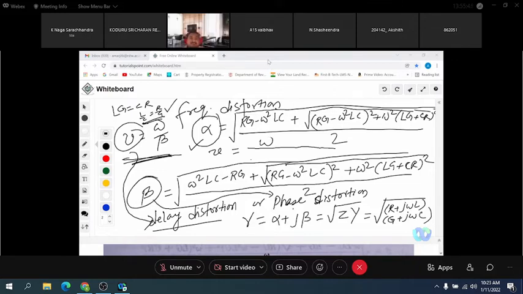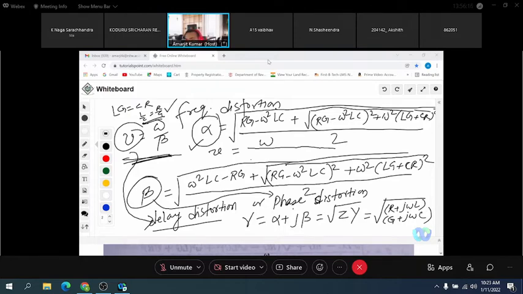So now the velocity is independent of frequency. It is not a function of frequency. How to make alpha independent of frequency to eliminate the frequency distortion? Same condition again.